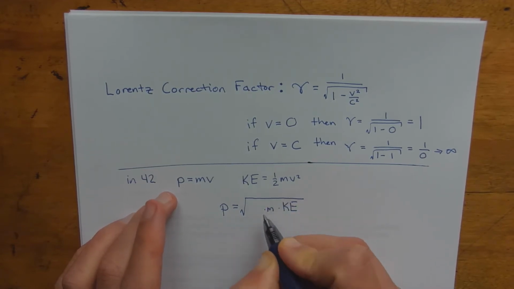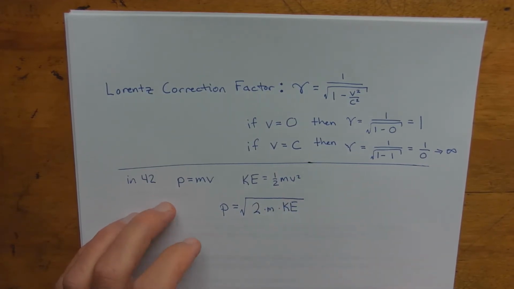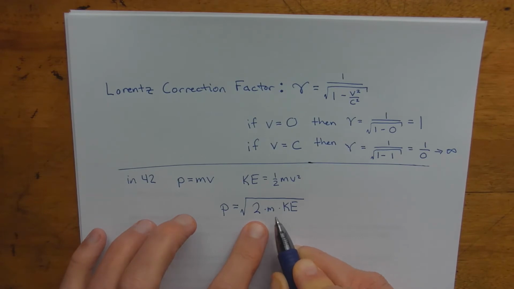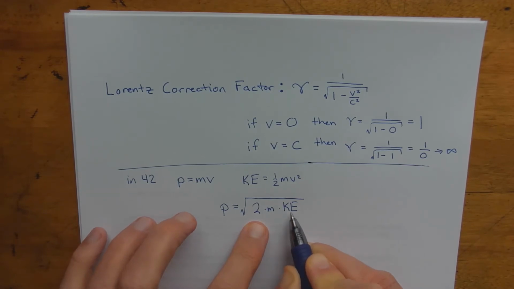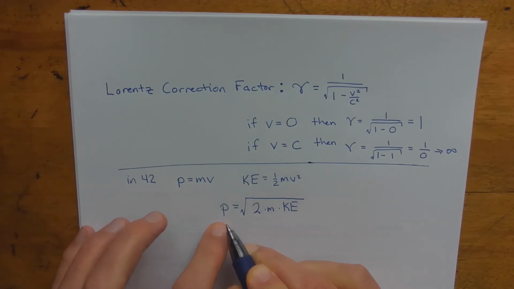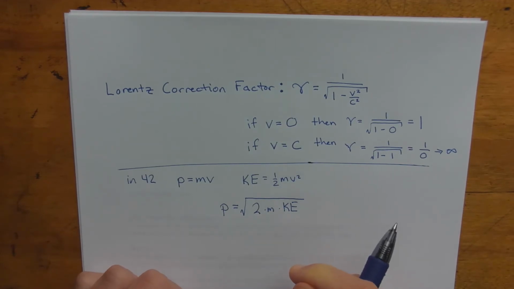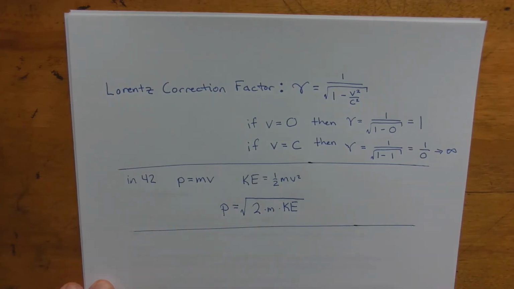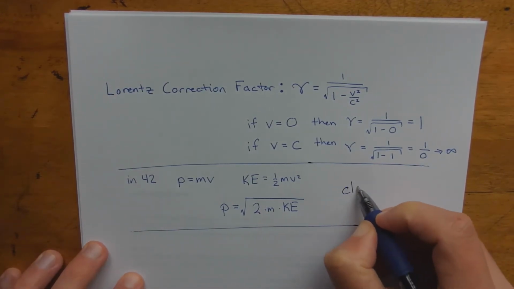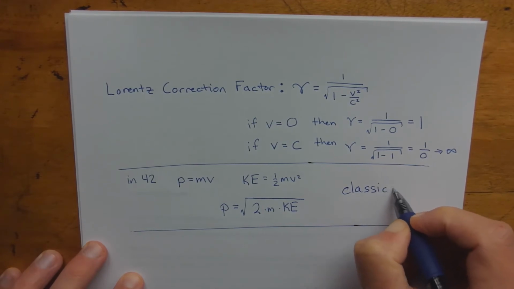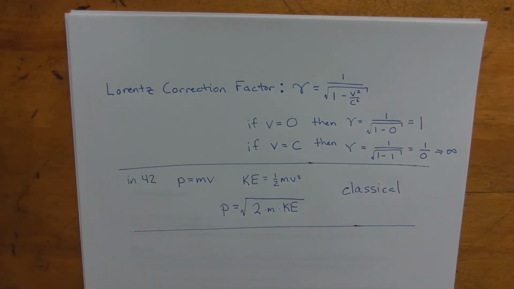And I have a 1/2 here, which I don't want, so I'm going to put a 2 there. So if I do 2 times m times KE squared, that's m squared times v squared. I take the square root, that gives me the momentum. Okay, so I think you will be seeing that in problem 42. And this is using the classical definitions because in problem 42, gamma, the correction factor, is very close to 1.